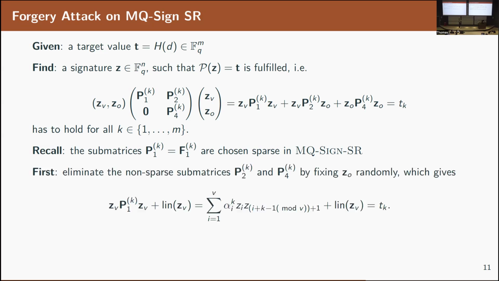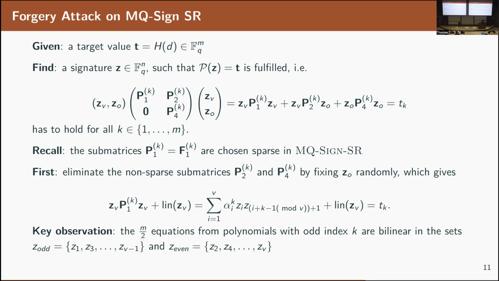So what we first do is that we eliminate the non-sparse submatrices from these quadratic equations by fixing set O randomly. And we can do that because we have more variables than equations, so we can spend some to get rid of these non-sparse submatrices. So what is left is still a quadratic system of M equations, but with only sparse quadratic monomials.